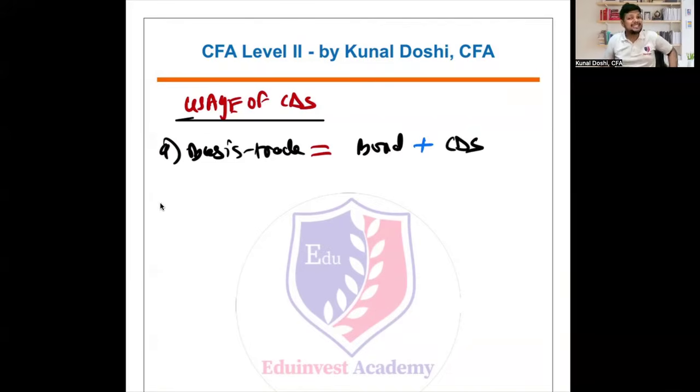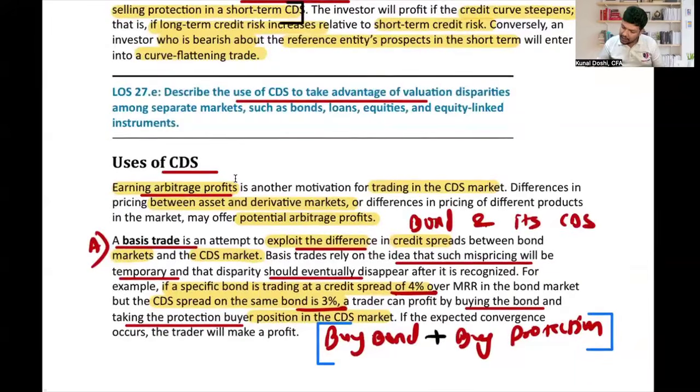If you think the CDS is cheaper, take the protection and buy a bond. Okay. If you expect the CDS spread is not up to the mark, basically you'll have to make a decision between whether it is cheaper to take the protection or not. Okay. So see this just for your reference and example.